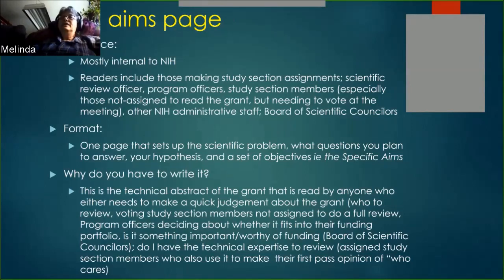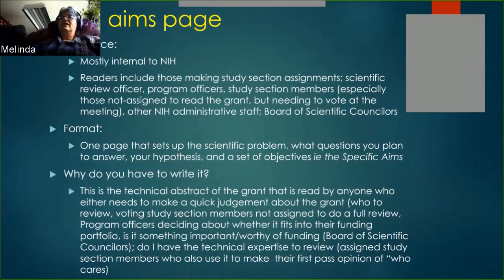The reason that people tend to emphasize and focus on the specific aims page so much is that many of the decision makers who are making real world decisions about whether your grant is funded will only be reading the specific aims page.